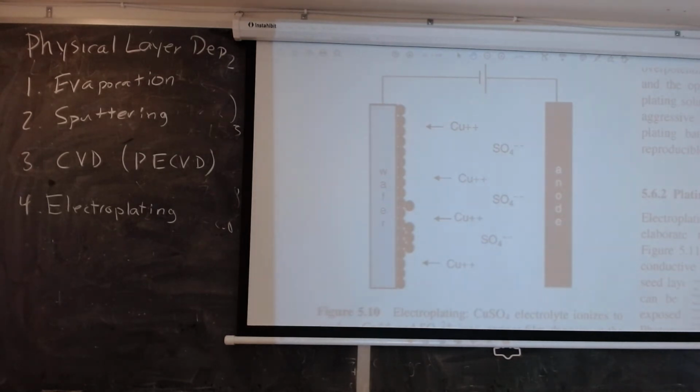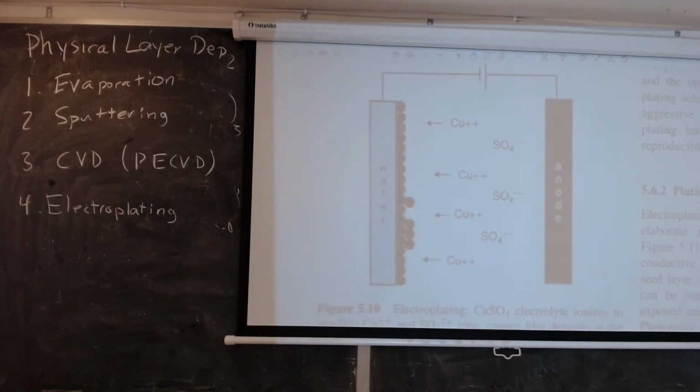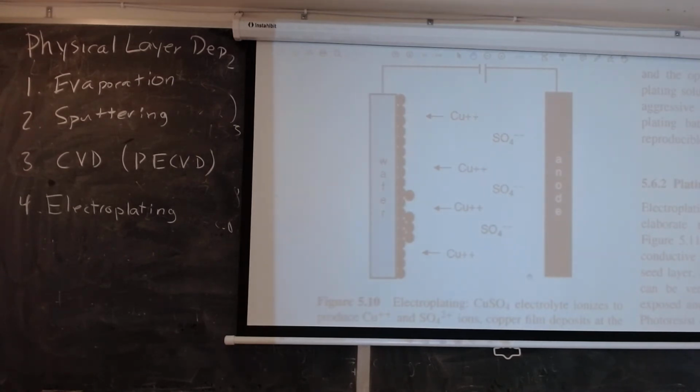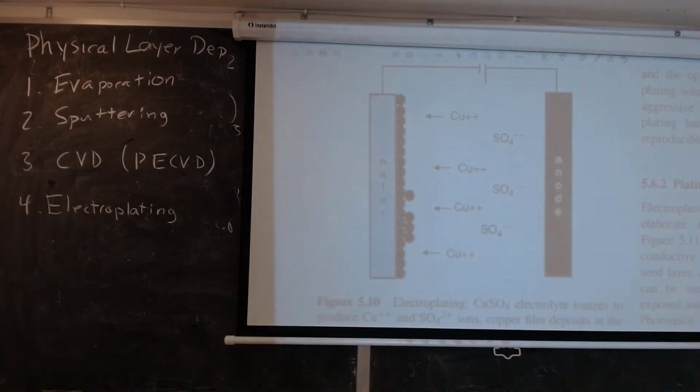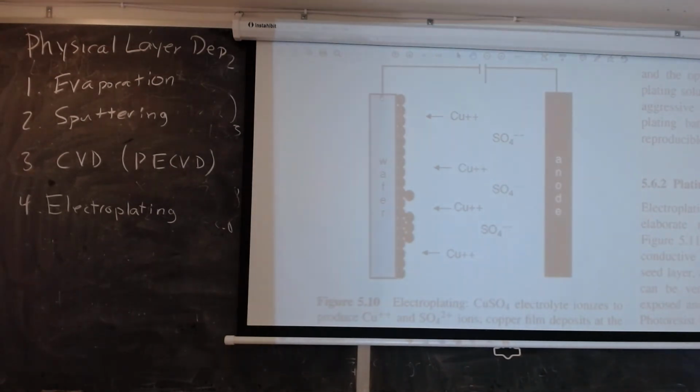Basically, you have a liquid solution, for example, cupric sulfate. And so this is a liquid in here, and you have a metallic anode, and then you have your wafer, which is also connected. And this can be sophisticated or relatively unsophisticated, meaning you can just have a little alligator clip holding your wafer and charging it up.